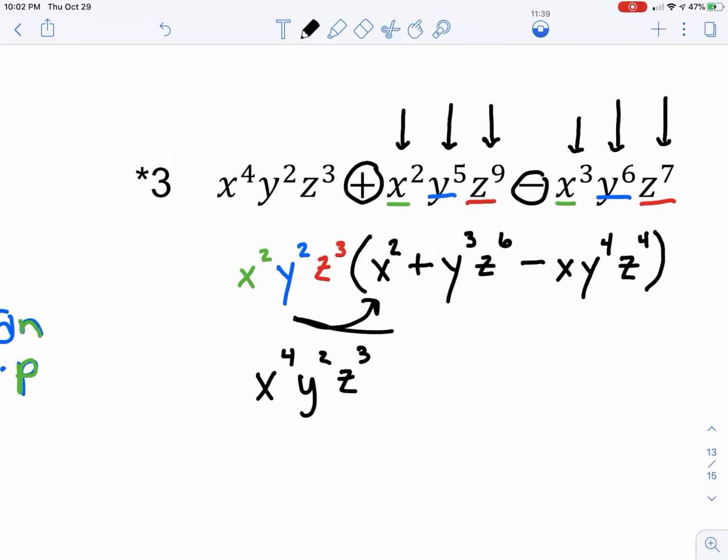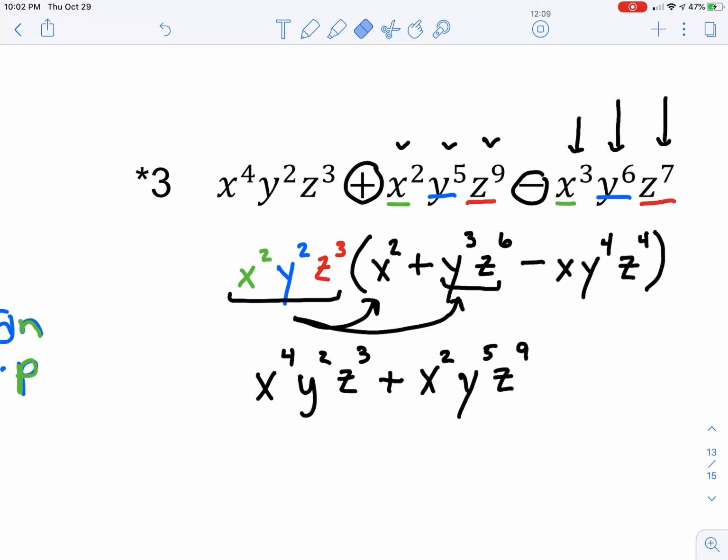Now, let's take this arrow and let's distribute it over here to these guys. So all of this is now going to be distributed with that second term. We have plus x squared times x squared, then we have y squared times y to the 3rd, which is y to the 5th, and z to the 3rd times z to the 6th is z to the 9th.